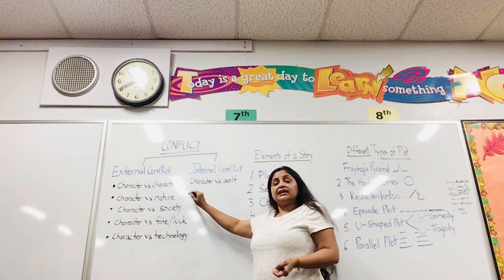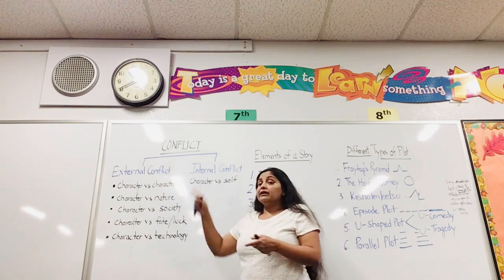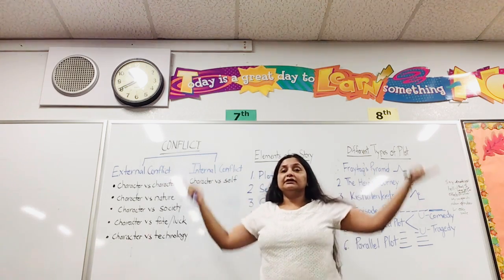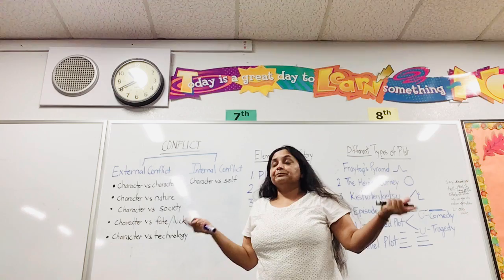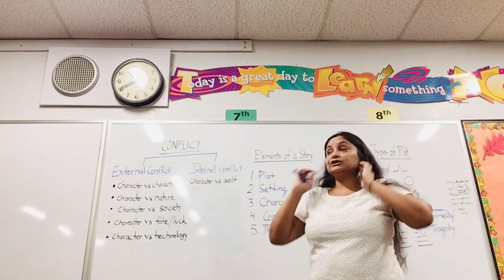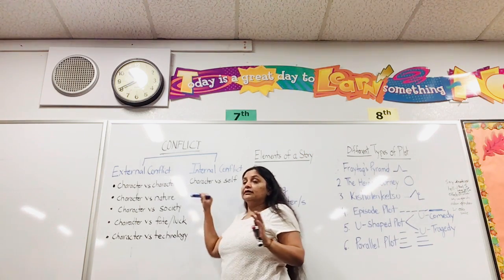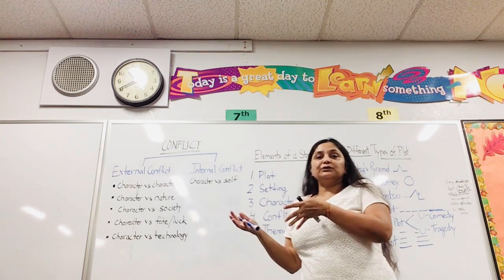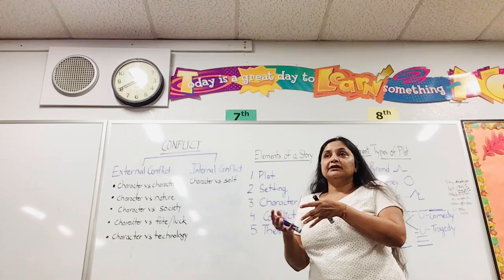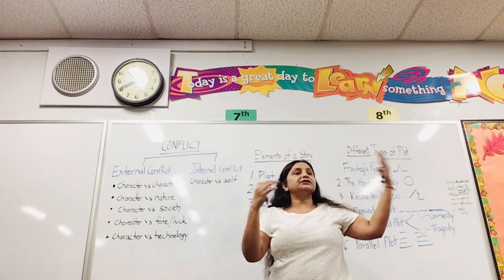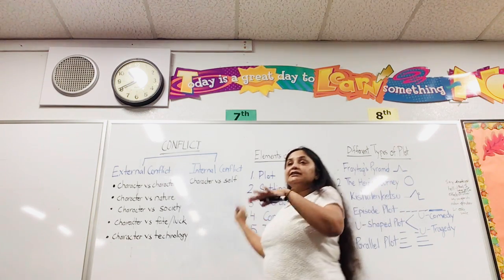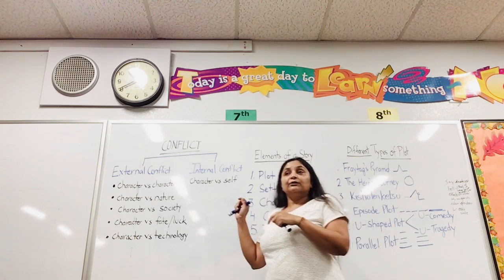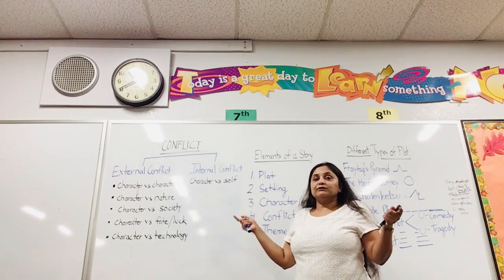Character versus nature is when a character has a conflict with nature. For example, in Cinderella, she was at the ball, she was dancing, and she has to leave before midnight. She was so involved, she was in love with the prince, she was still dancing, and she forgot that it's going to be night time. And then there was midnight.